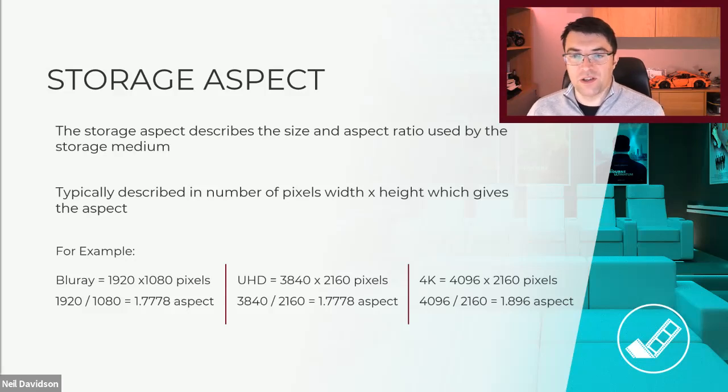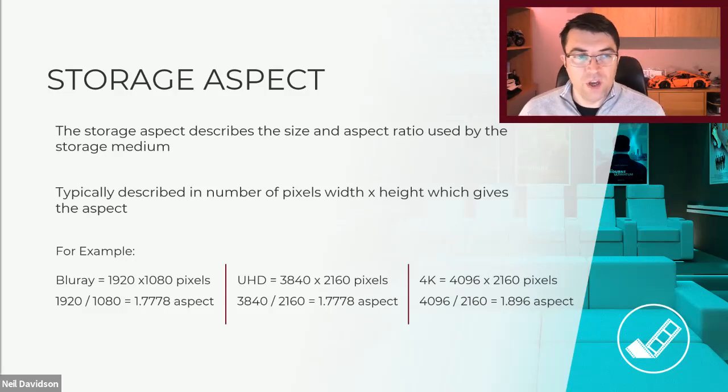It's typically described in number of pixels, width times height, which then lets us calculate the aspect ratio. So if we just look at a couple of things here. If we look at Blu-ray, 1920 by 1080 pixels, well, 1920 over 1080 gives us 1.7778. That's fairly typical aspect.